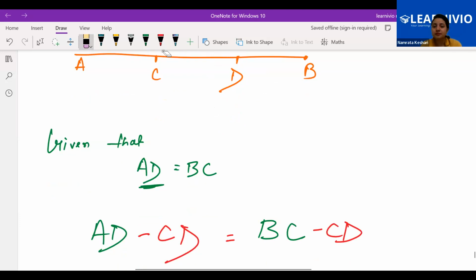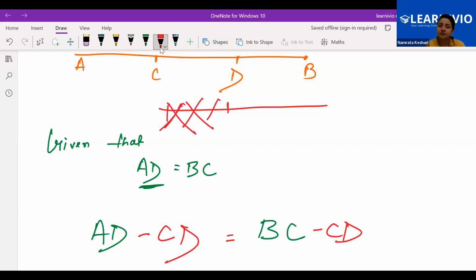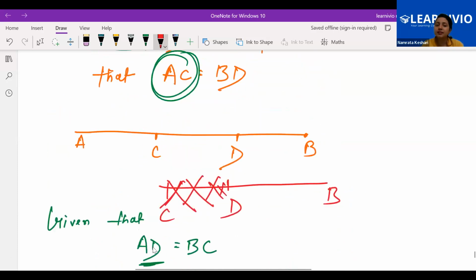From this complete BC, if we cut down this much part, what will be remaining? BD, right? So we have AD minus CD.